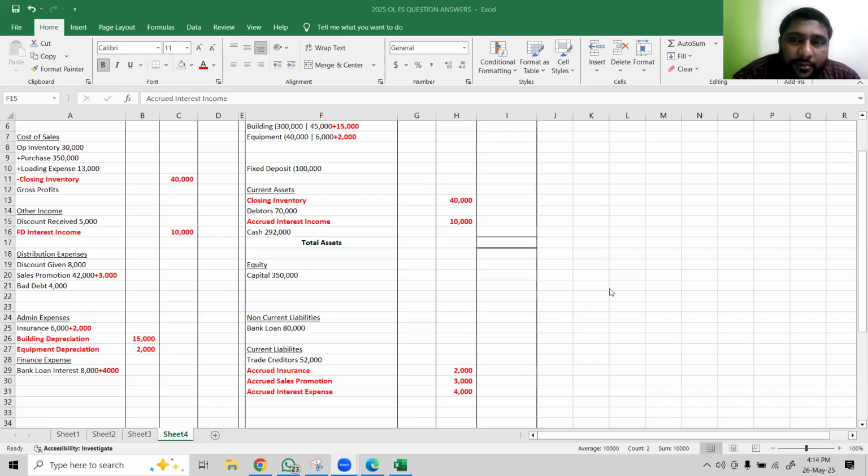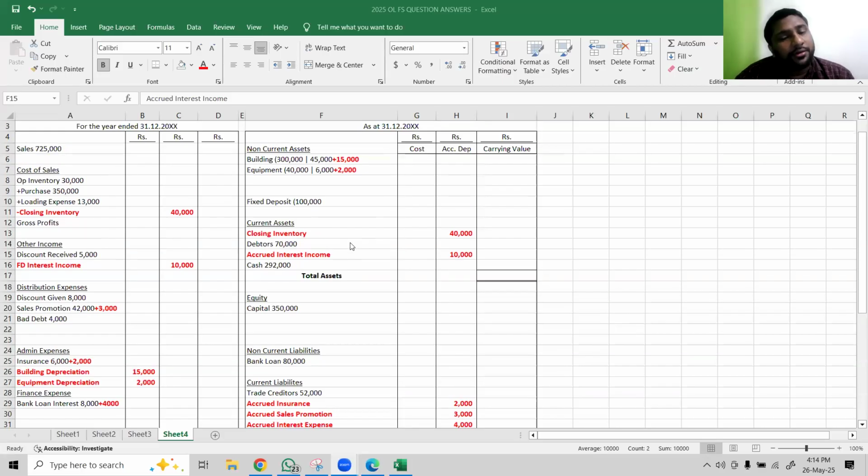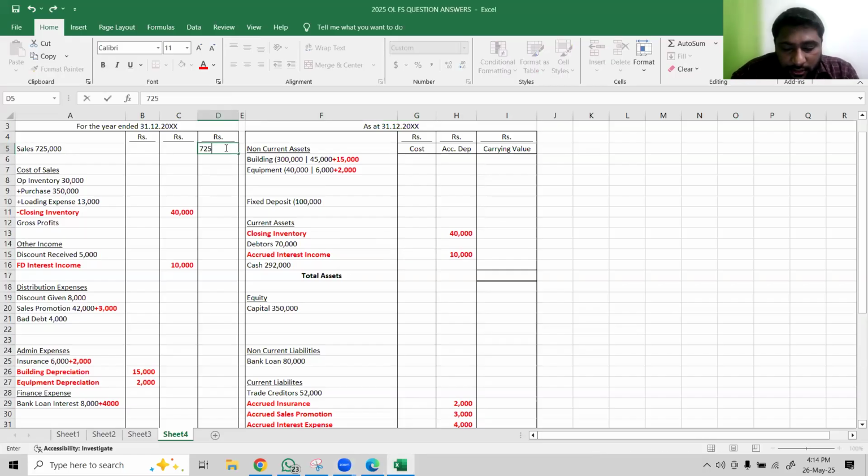Now balance the account. Inventory: 30,000, 350,000, 13,000, and the loss in inventory minus 40,000.